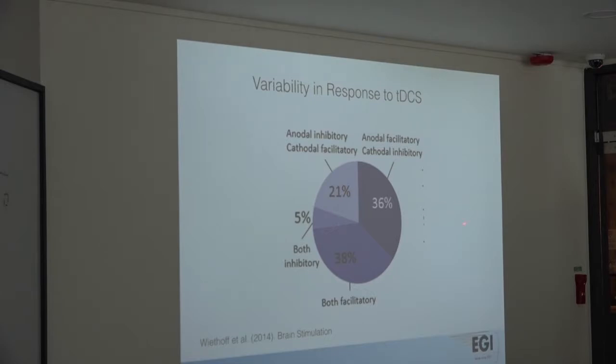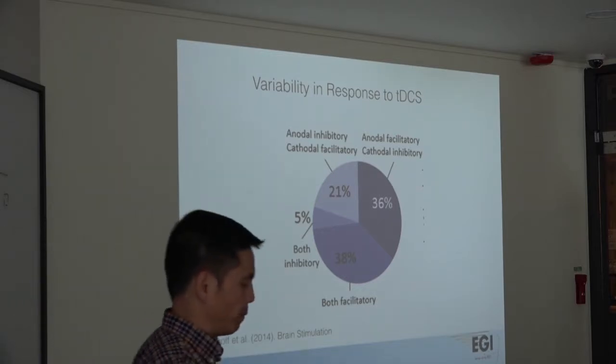Only 36% of your subjects will respond that way. 38% will have a facilitatory effect, no matter if it's positive or negative. It's facilitatory. 5% will be inhibitory. It doesn't matter which direction, it will be inhibitory. And then 21% will have the opposite effect.